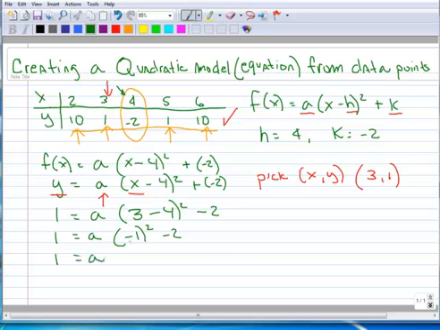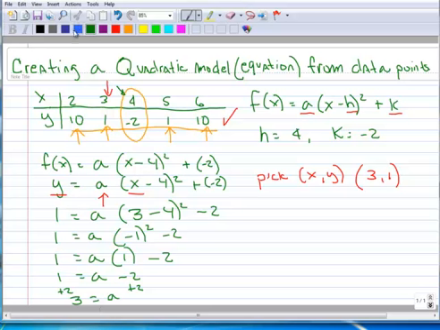Next line. -1 squared, negative times a negative is a positive, so that becomes 1. And 1 times a is just a. So there, I'm up to that point. Now I'm going to add 2 to each side, and so I'm now going to get 3 equals a. So that tells me that my a in this equation is 3.